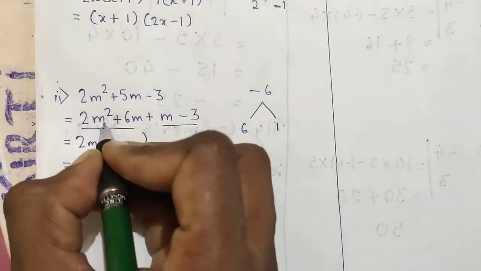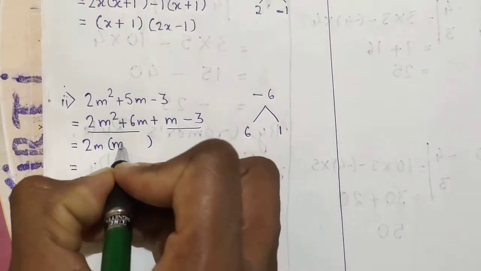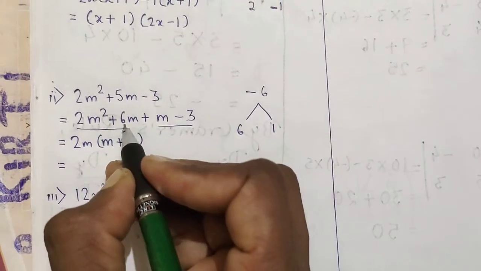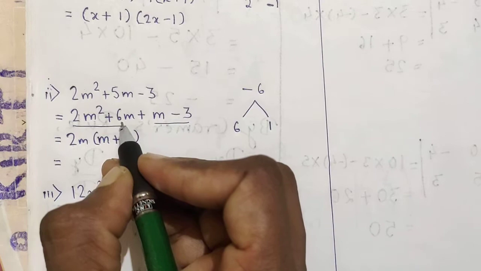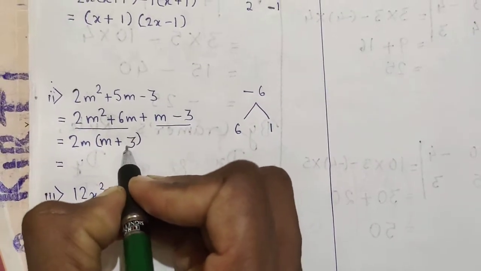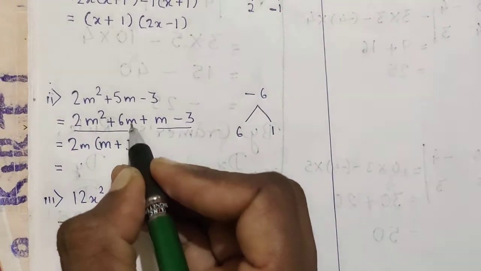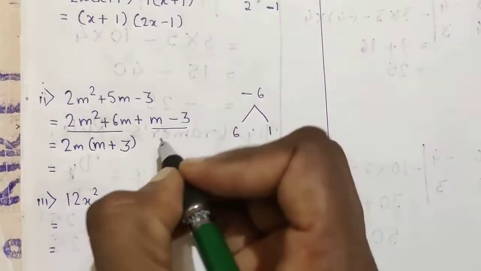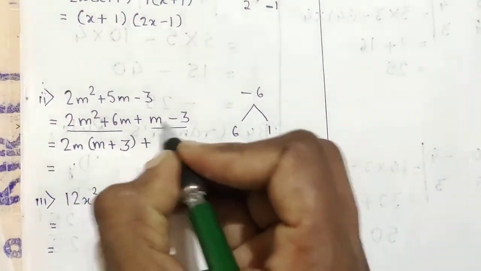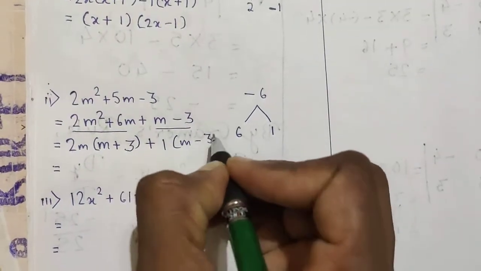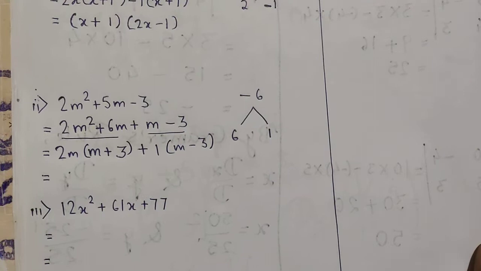In this case 2m is taken common, so m is remaining, plus. Now since 2 is taken common and here 6 is there, and you know 2 threes are 6, so 3 is remaining. That is why we have written 3, and already we have taken m common, plus. Here nothing is common, so write 1. So m minus 3.